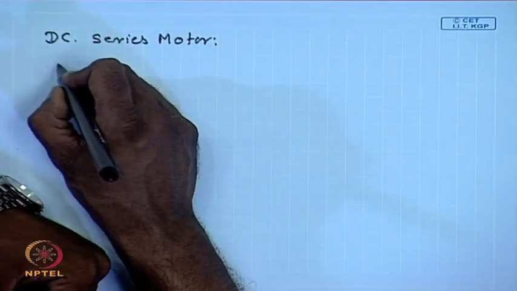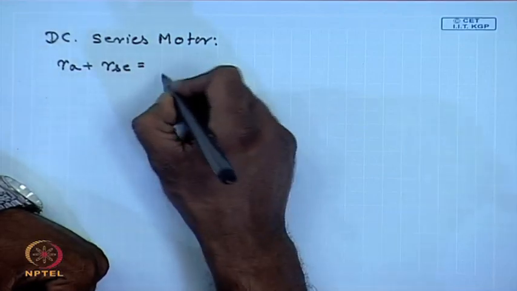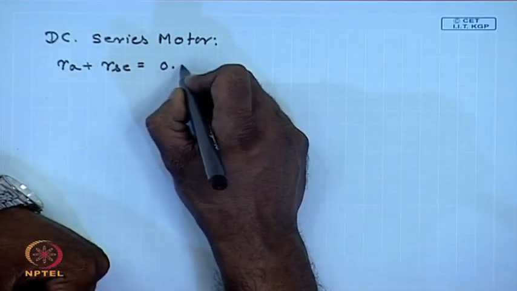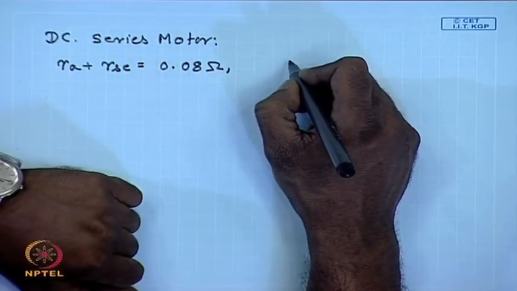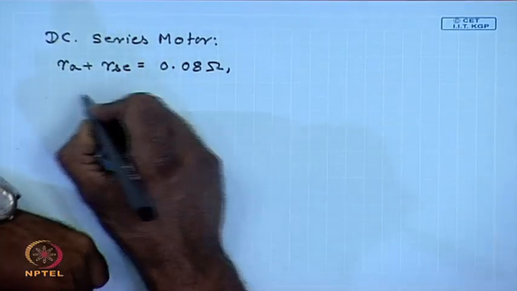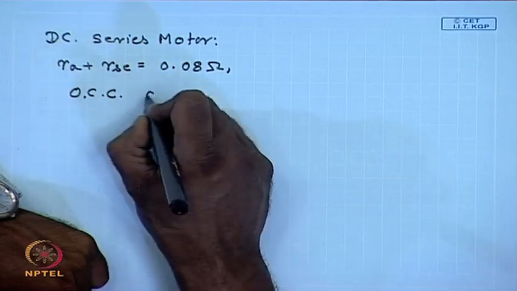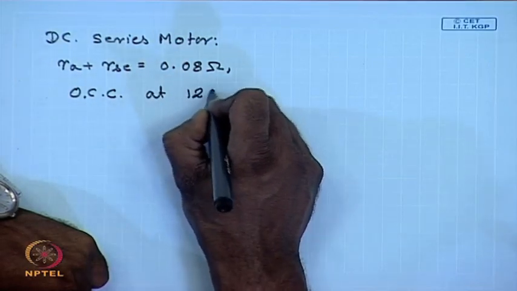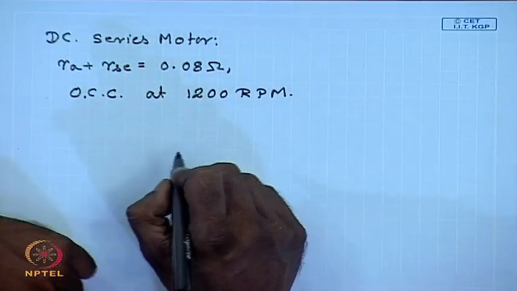This has RA plus RAC equal to 0.08 ohm. Now, the OCC is determined at 1200 RPM. OCC at 1200 RPM is given by the following data.